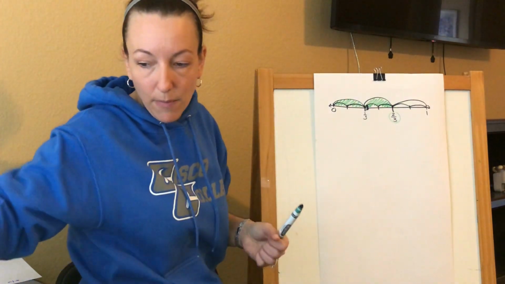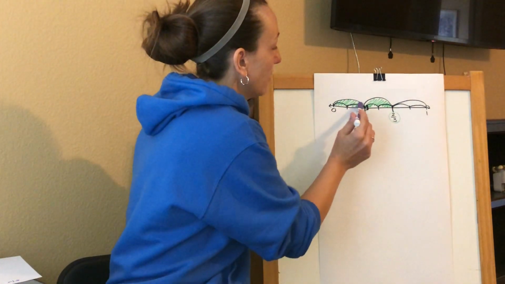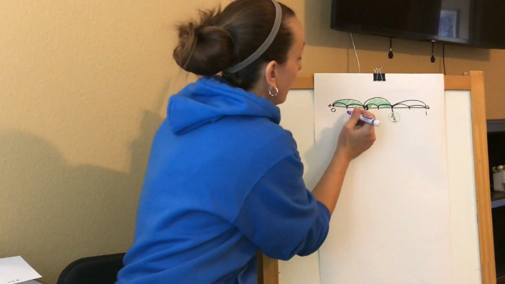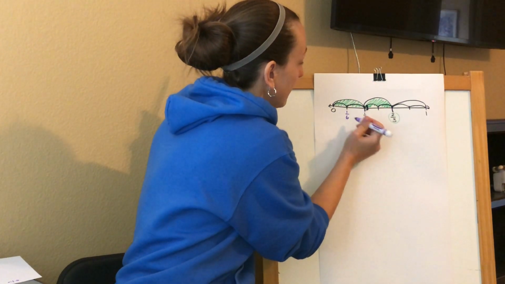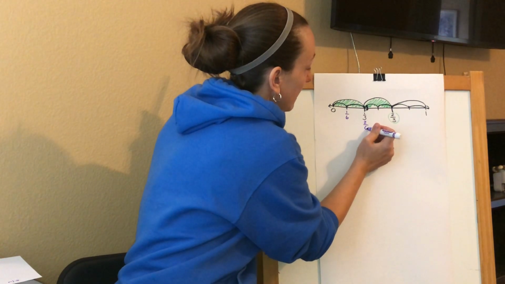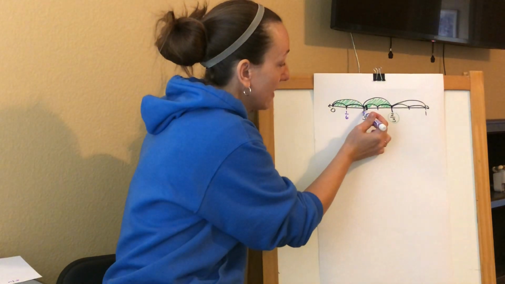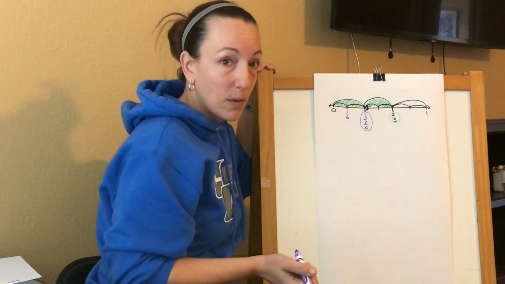So then I have 1, 2, 3, 4, 5, 6 jumps. So this is 1/6, this is 2/6, but look, it's in the same spot as 1/3. So we would say that these two fractions are equivalent.